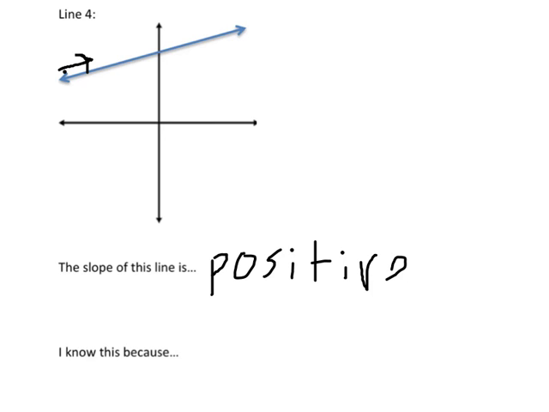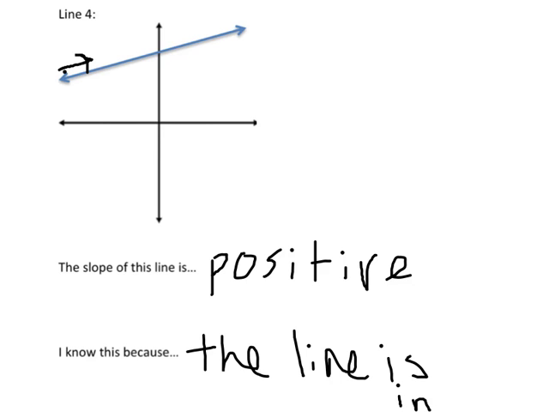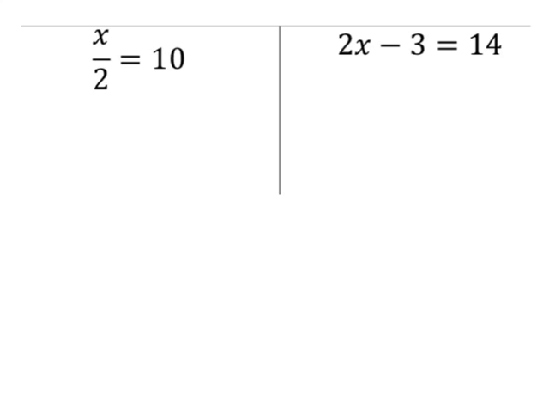I know this because the line is increasing or decreasing? It's because the line is increasing. Finish up the next few positive and negative slope problems and pause this video, and then we're going to do the equations together.